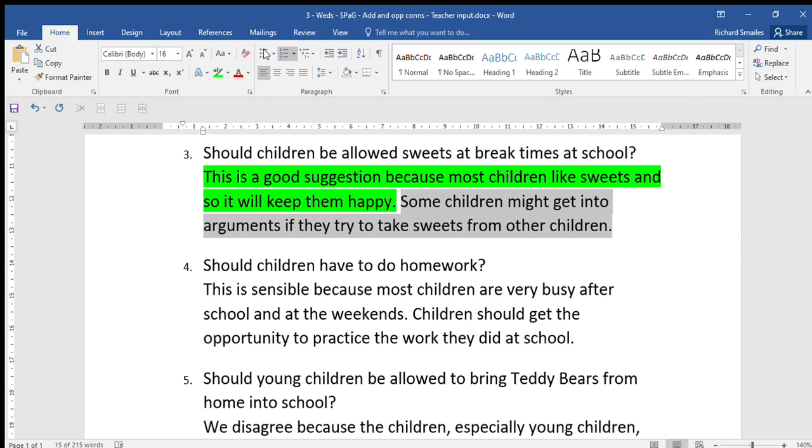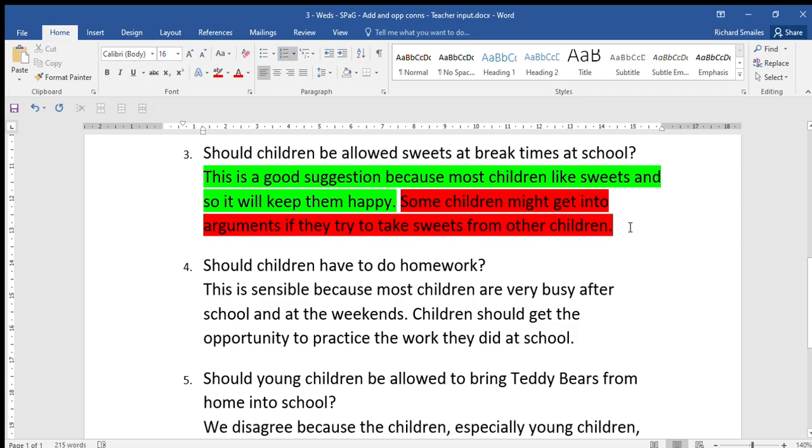So this has to be red because it's disagreeing with the question. And once again, if the 2 sentences disagree, then you have to have an opposition connective. So we could use however. However, comma, and then change the capital S to a lowercase s.